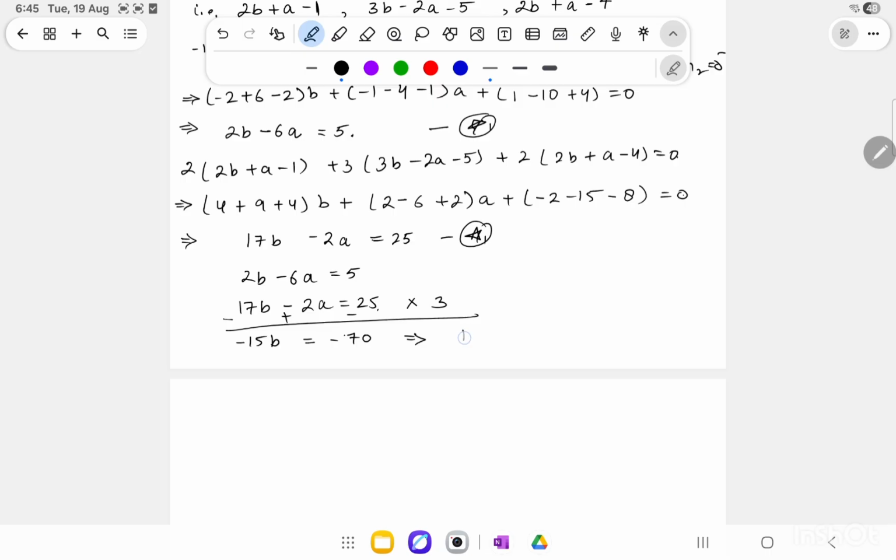So from here I got my b as 70 upon 15, which is equal to, it's 17. I forgot to multiply 17 with 3.